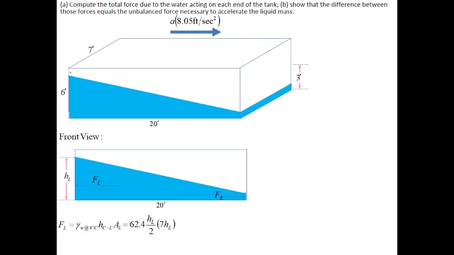Yung AL mo, yung rectangle na to, na 7 feet din yan. So, 7 HL. HL times yung third dimension na 7. So, yun ang ating area at the left.